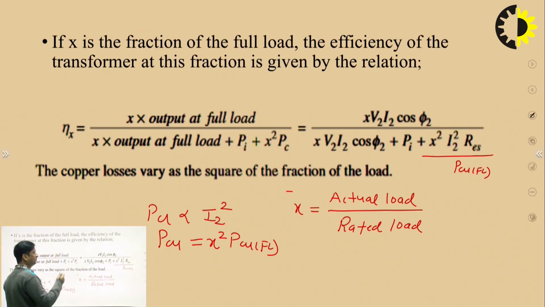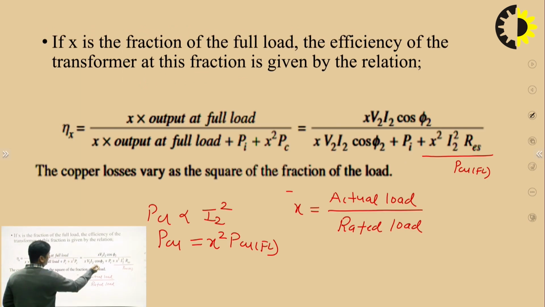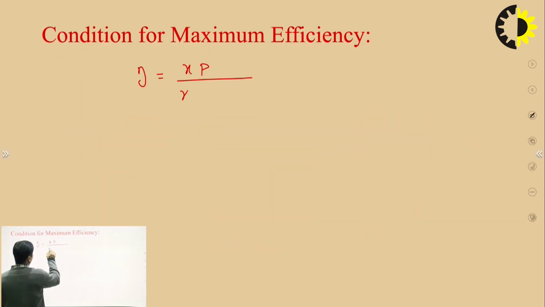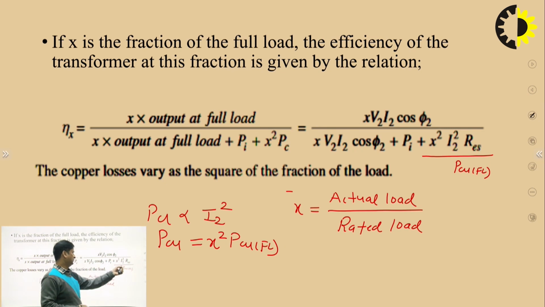So x times V2 I2 cos phi2; suppose V2 I2 cos phi2 is P, the output. So efficiency is x P upon x P plus Pi, the iron losses, plus x squared P copper, where P copper is the full load copper losses in a transformer.